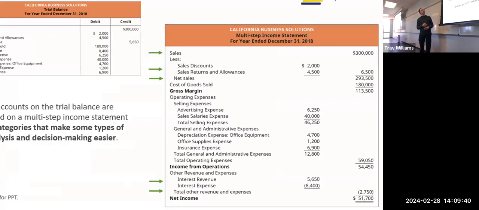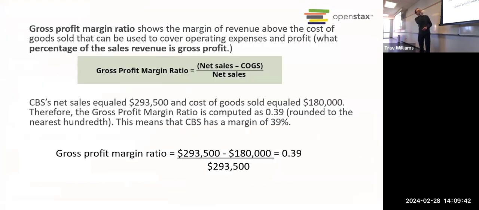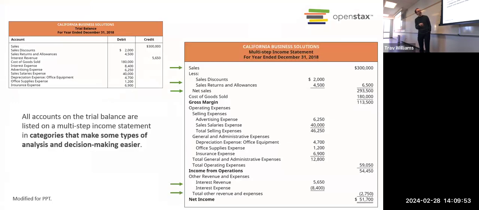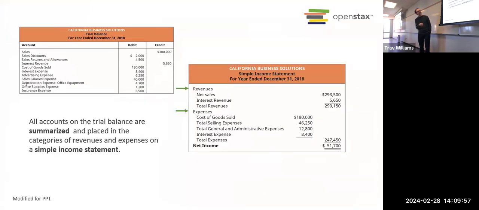No? Okay. All right. Oh, here's another new concept. Pretty simple. This is a ratio, the gross profit margin ratio. So if you remember, on the multi-step income statement, okay, not on the simple income statement. Okay, we don't have it there.